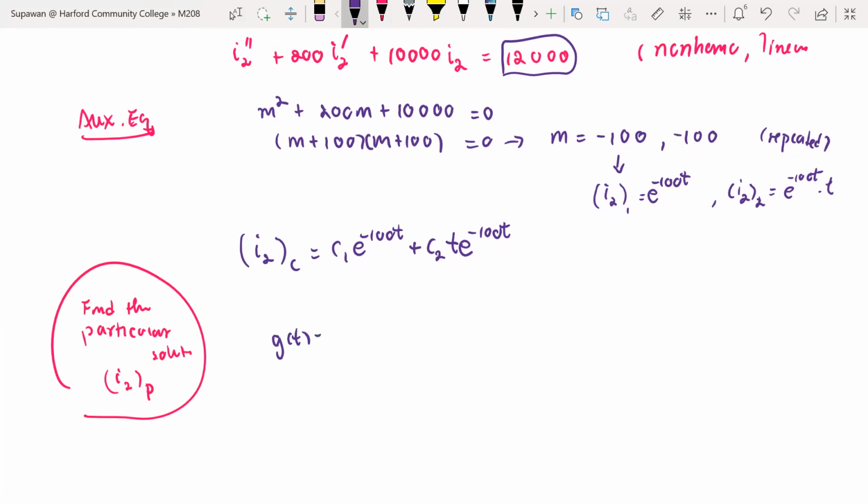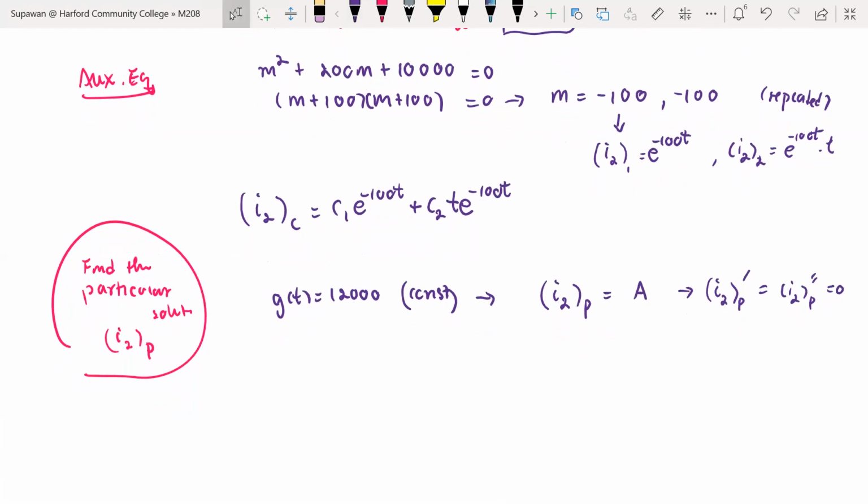So g of t, the one that makes it non-homogeneous, is 12,000, which is a constant term. This constant is not the same as one of the complementary solutions. Therefore, the trial solution of the particular solution of I2 would be a constant term. And that leads to the first and second derivatives being 0.